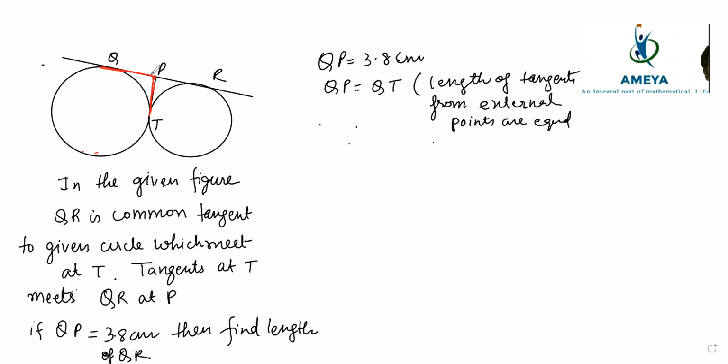And beta PT given is how much? QP given is 3.8. So 3.8 is equal to QT.